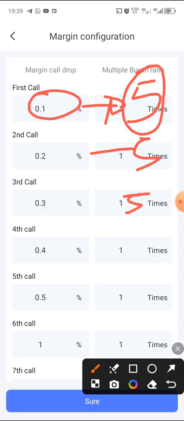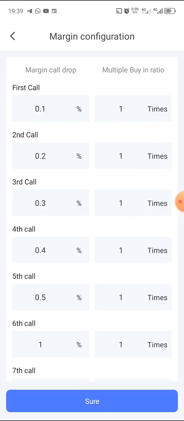So 32 times 5, it will give you 160, plus the 40 which you instructed your robot to go with in the market at first, giving you 200, which will be your capital. So we are under capital management. You see how you've managed to manage your capital well.